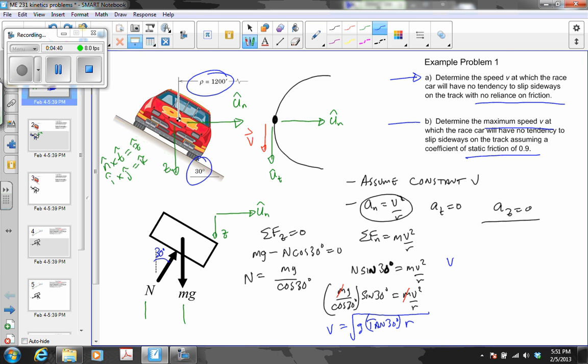So v equals, we're in feet, so the square root of 32.2 feet per second squared, tangent 30 times r, and there's the velocity.